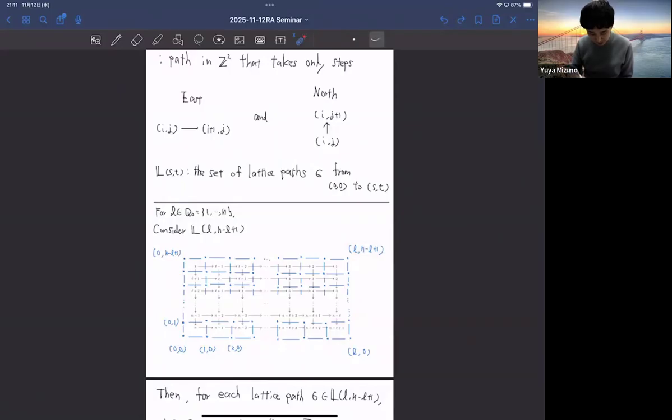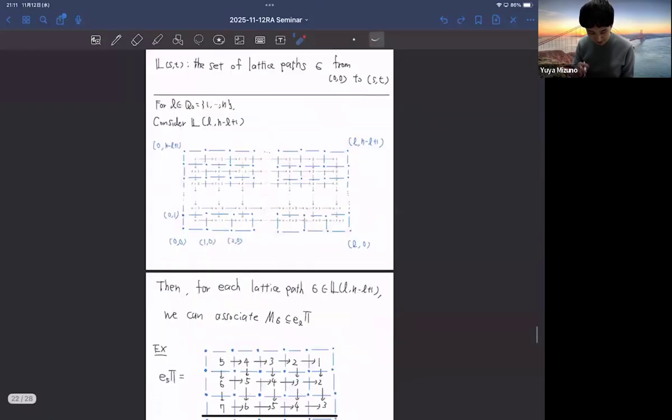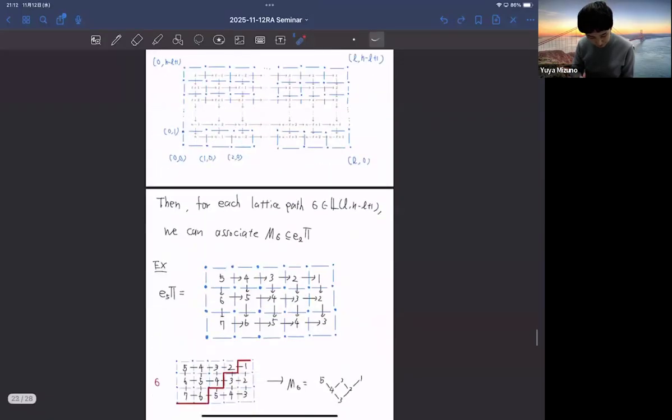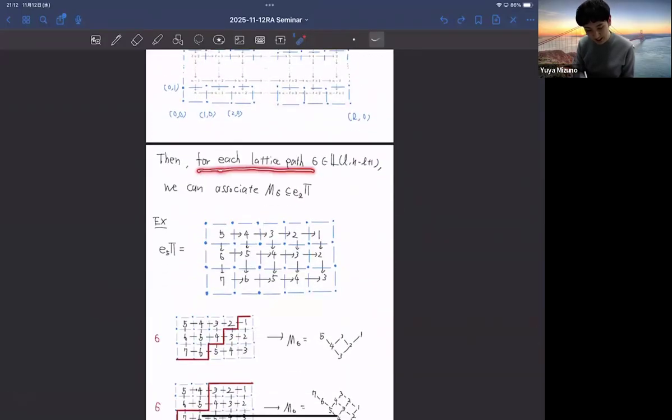This is one simple but interesting point. For each lattice path, we can get a submodule of this indecomposable projective.